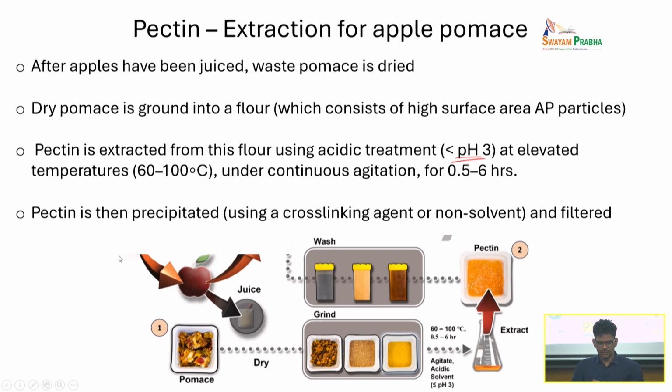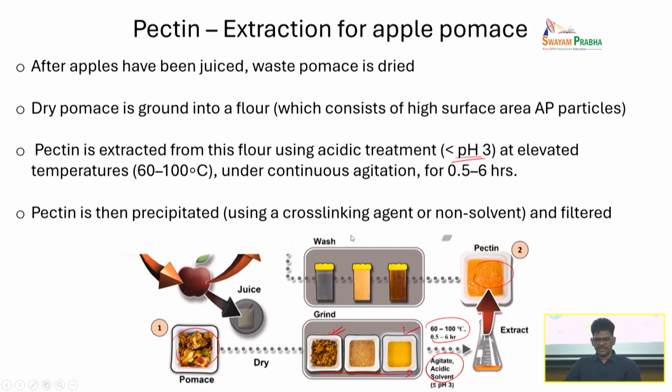So it's schematically shown here. You start with your apple pomace, which is basically the biomass left after you crush the fruits to make juice, and then you dry it into a powder. You can see that there is a series of grinding processes from a coarse to a very fine powder, and then you add your acid, less than pH 3, over a range of temperatures, up to boiling temperature, and over half an hour to 6 hours, and then you basically get the pectin, and then you can wash it and then cast it into various films.